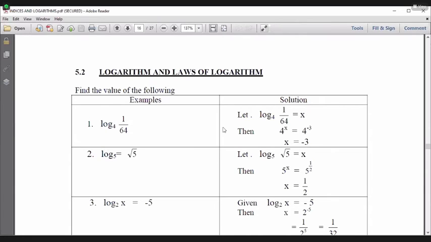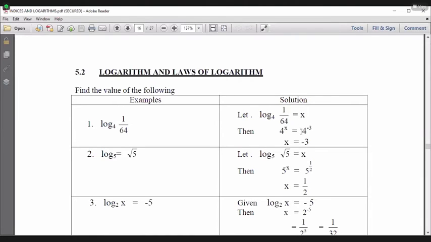I can use the method the author is writing here, or I can use another method. He's saying that let log to base 4 of 1 over 64 be equal to x. From the indices point of view, this is the same as saying 4 to the power x is 1 over 64.